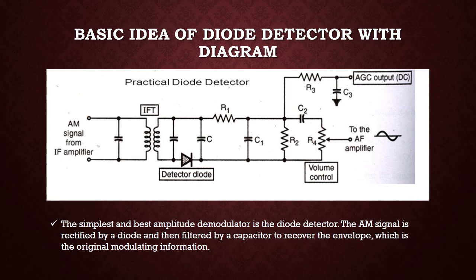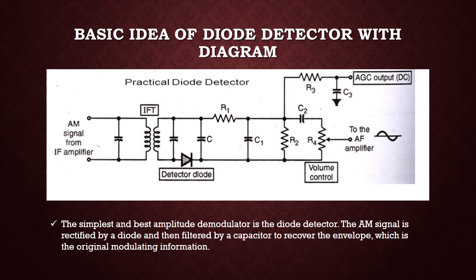And here the R3C3 combination also forms a low pass filter. It is designed to remove the AF component from the demodulator output. This filter will allow only the DC part to pass through it, which is used as AGC voltage.